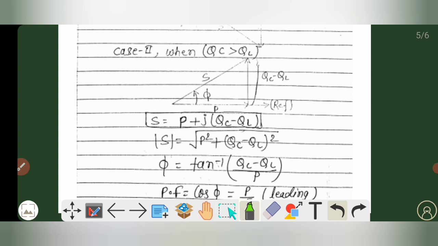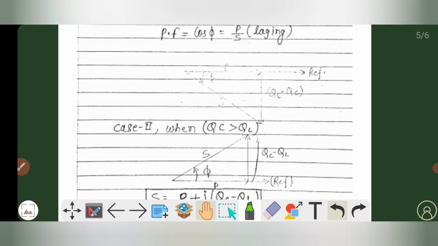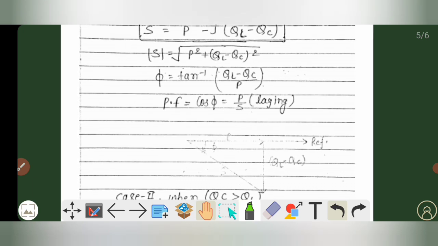In this case, this will be the QC minus QL part, and in the same way we can easily calculate the magnitude of S and the power factor. One thing to be noted here is that in the previous case the circuit will be lagging in nature, because the inductive effect is greater than the capacitive effect.